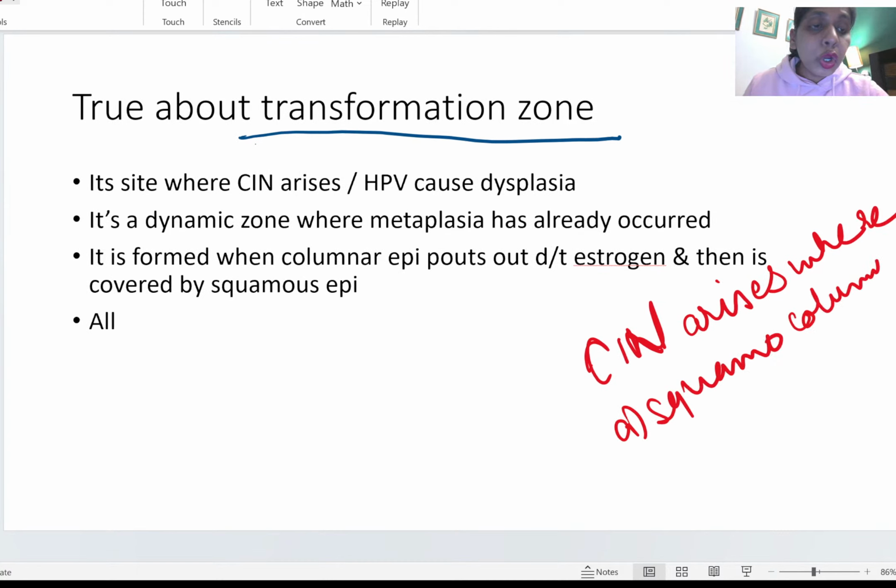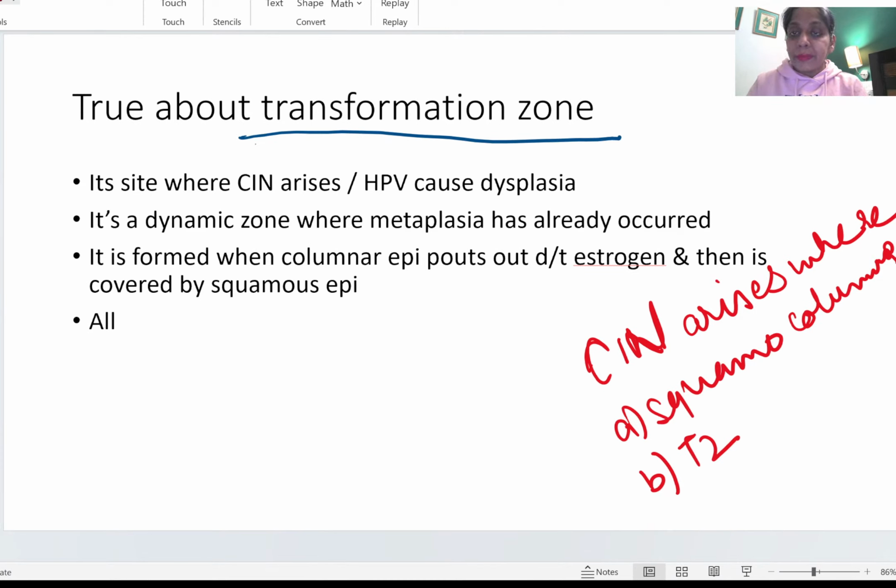Your answer should be transformation zone. Right? You will not write squamocolumnar junction. So transformation zone is the site where the CIN arises or HPV causes dysplasia.